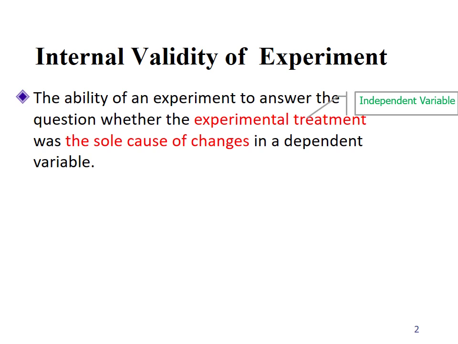That's the only purpose for an experiment. So can this experiment assure me that the changes in the dependent variable are only caused by the independent variable and nothing else? If it can tell me that, that means the experiment is valid.